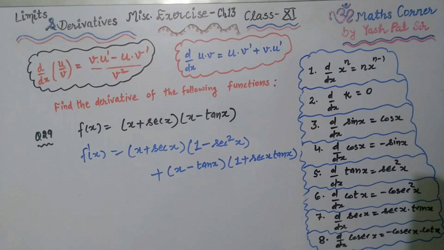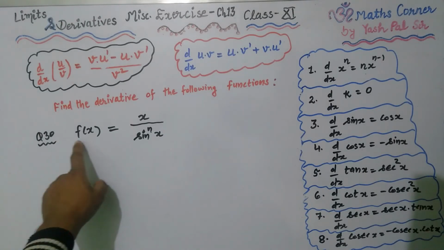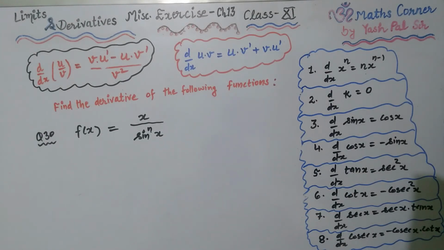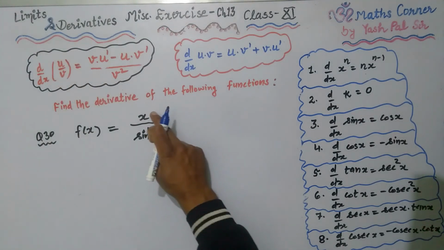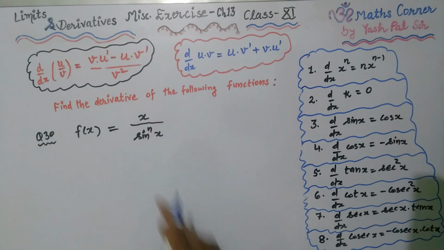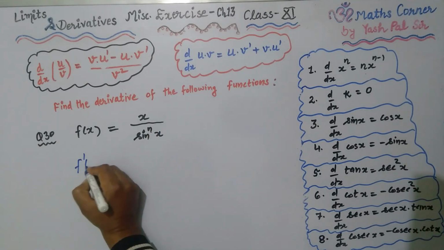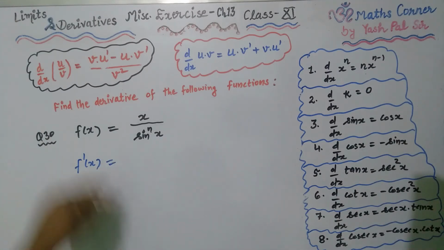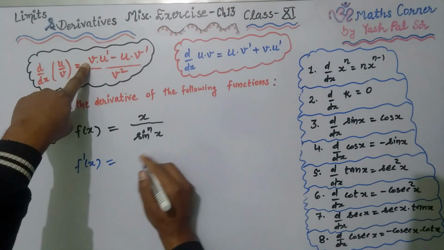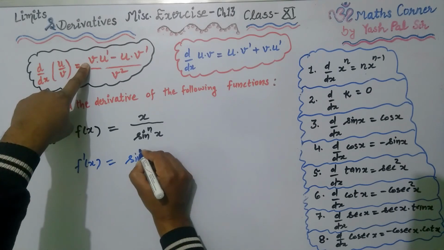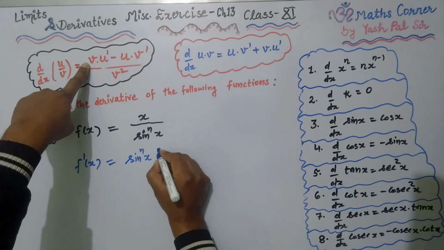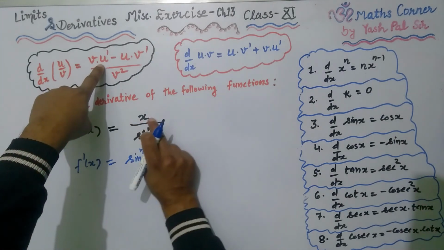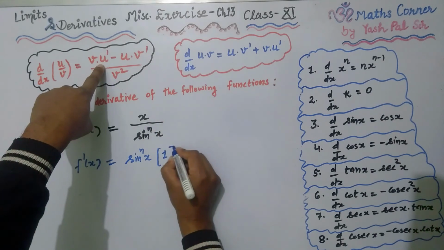Now next, question number 30. This is a very important question from the examination point of view also. So what is this, u upon v form? u is x, v is sin to the power n x, right? So f'(x), this is v, denominator sin^n x, into u', derivative of x, which is 1.